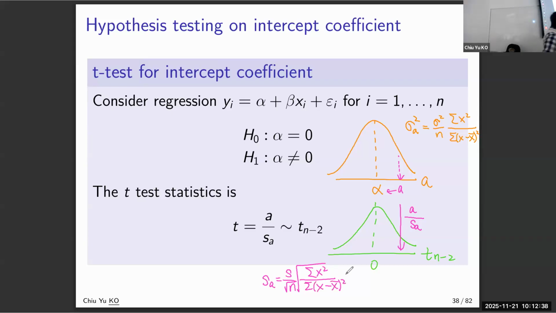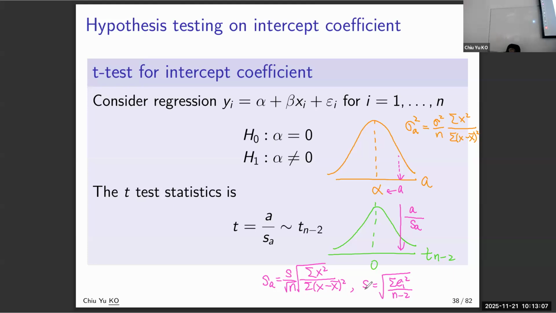And just to remind you what S is, S is this guy: the square root of the sum of the e_i square over n minus 2. Of course, you calculate your regression, calculate the error, and calculate this, but this one is S of Y given X. Then once you plug this in, you can calculate all that.